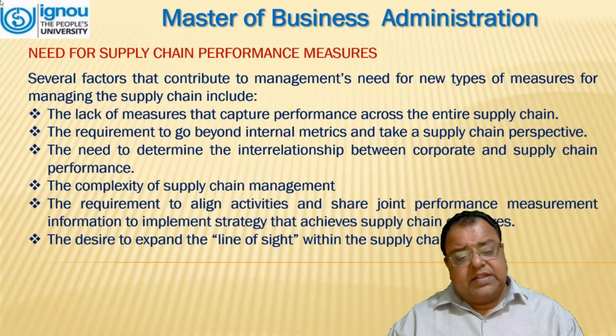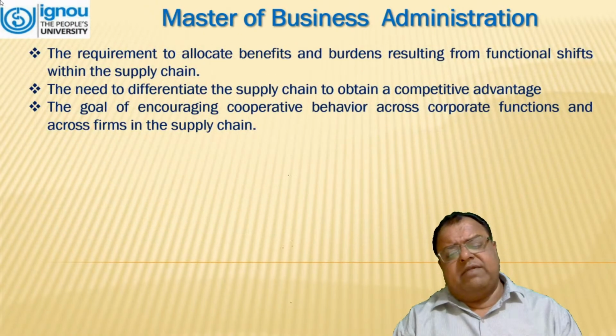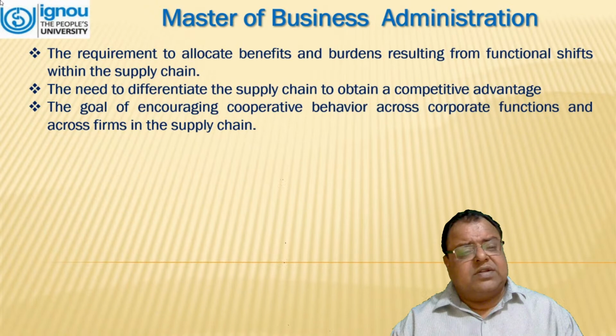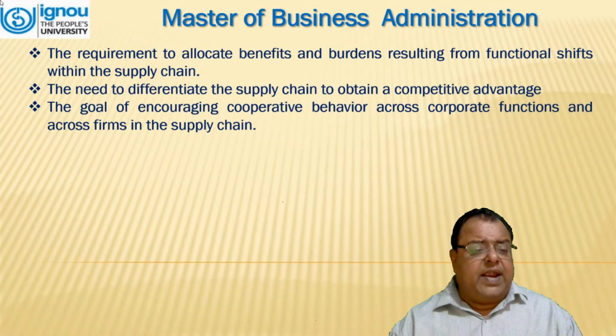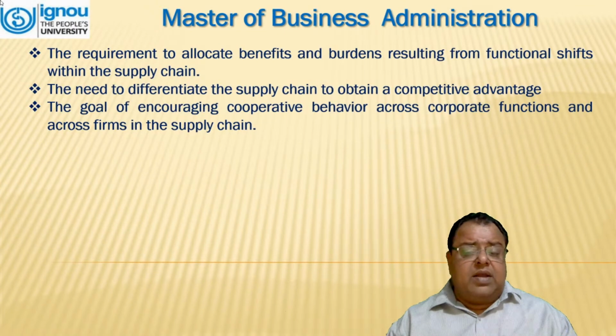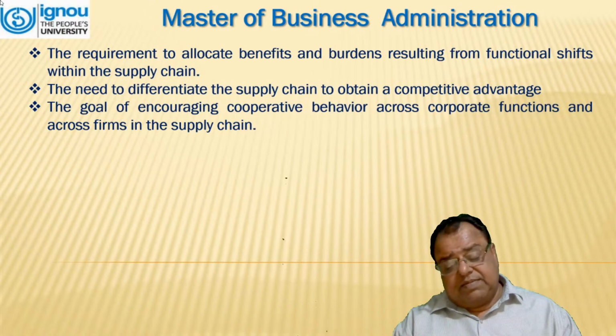And the desire to expand the line of sight within the supply chain, the requirement to allocate benefits and burdens resulting from functional shifts within the supply chain, and the need to differentiate the supply chain to obtain a competitive advantage. And lastly, the goal of encouraging cooperative behavior among corporate functions and across firms in the supply chain.